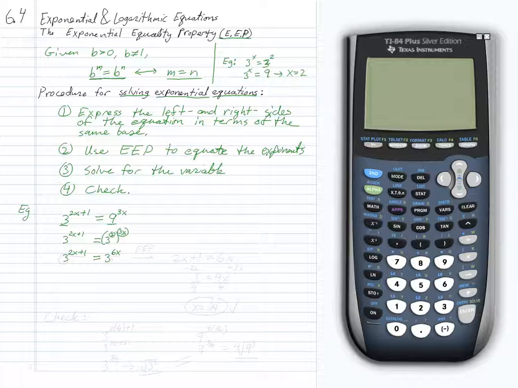Now I have the base to one power equals the base to another power, and I can infer using the exponential equality property that these powers must be equal to each other. I'm left with a linear equation in terms of x that I can easily solve by, for instance, subtracting 2x from both sides, isolating x on one side of my equation. And if I divide both sides by 4 at this point, we see that x equals 1/4.